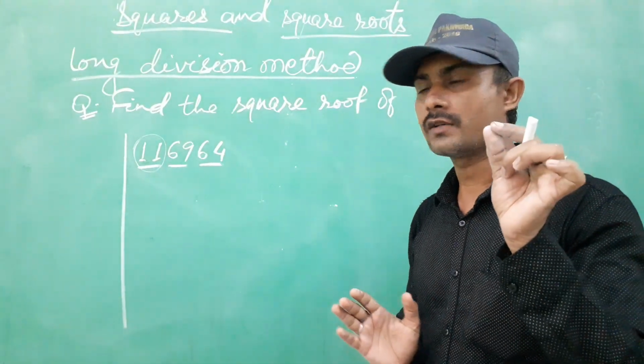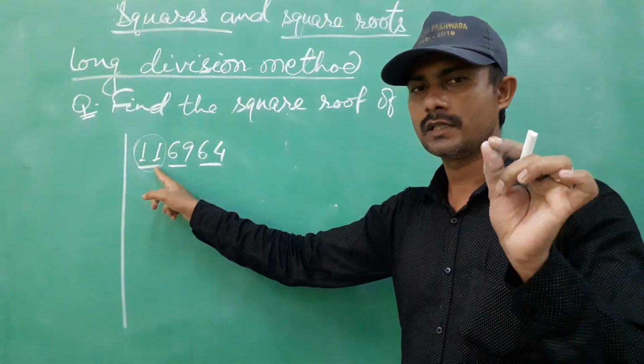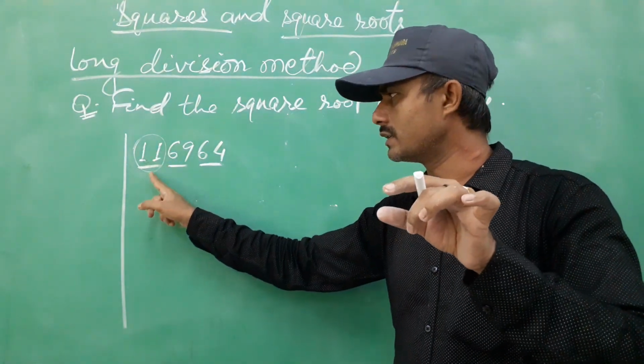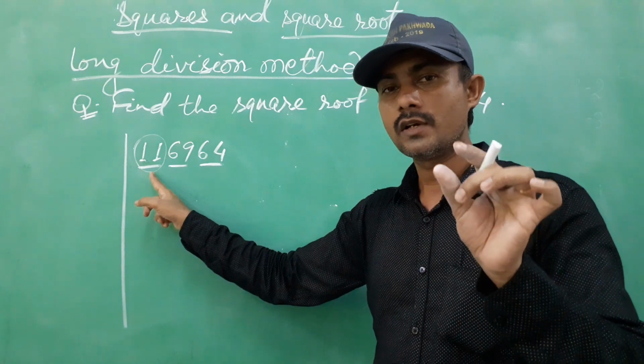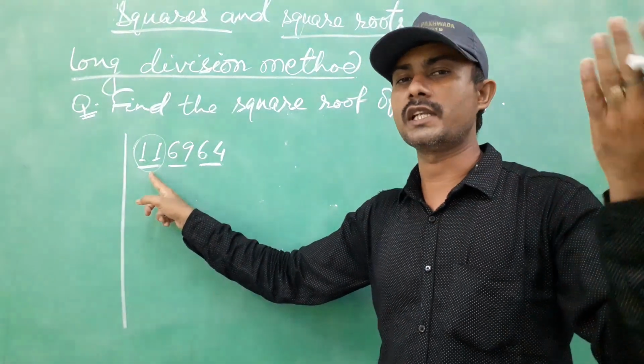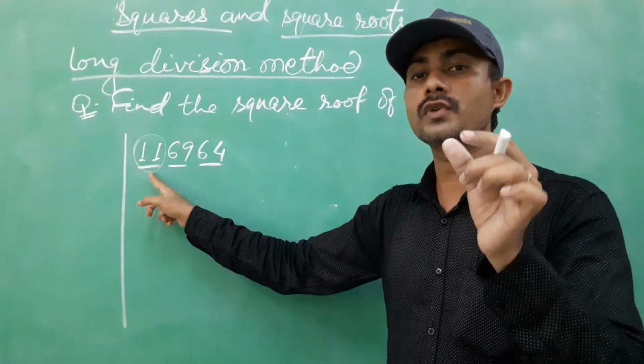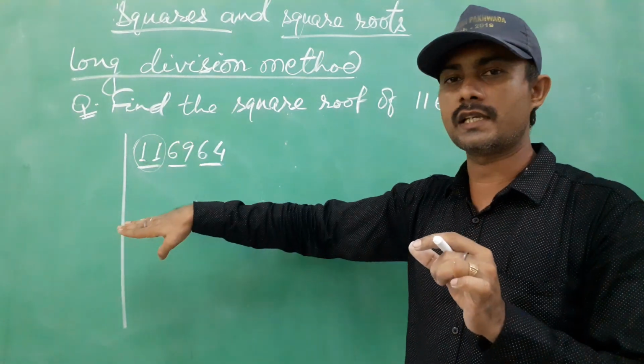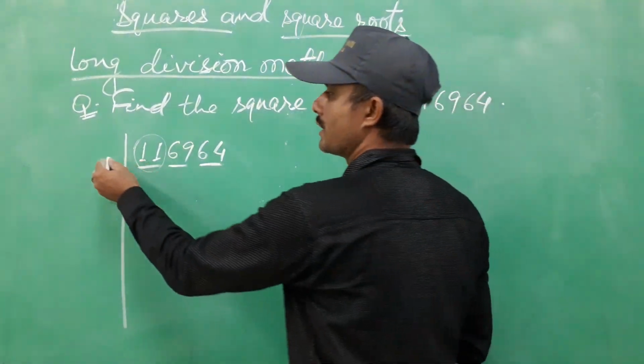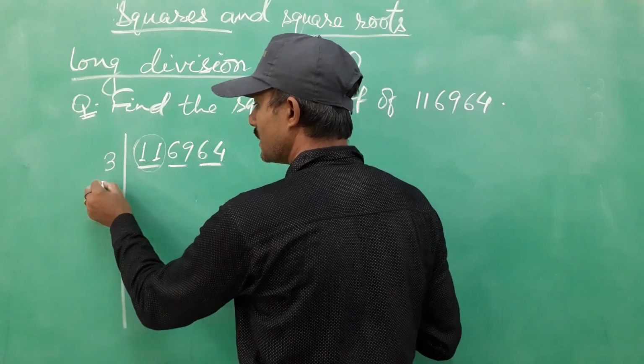What is 2 square? 4, less than 11. 3 square? 9, it is also less than 11. 4 square? 16, more than 11. So we have to look at 3 square, just less than 11.